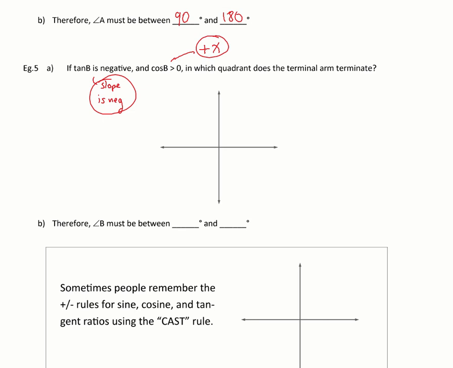So we need to figure out which quadrant has a cosine that's positive. Cosine is positive where x is positive on this side, and tan is negative when we have a negative slope.